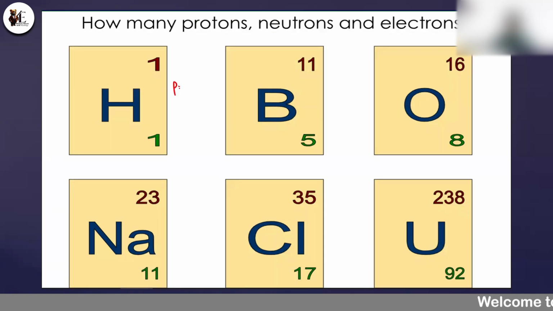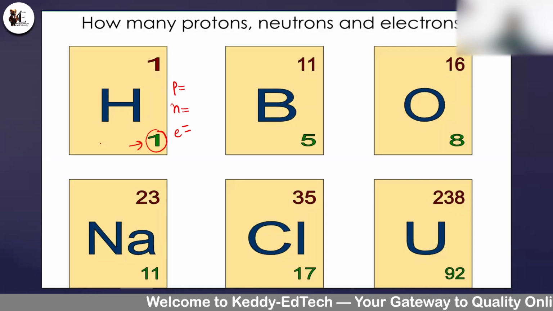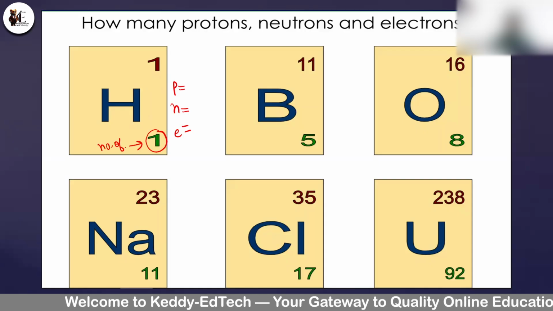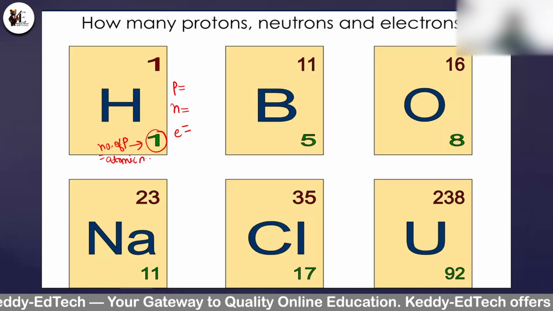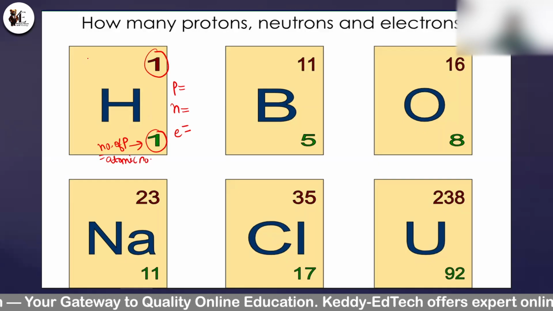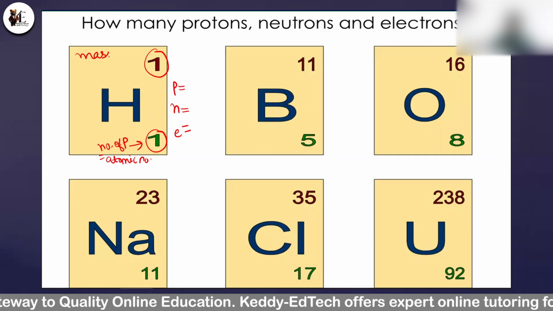So the first one: protons, neutrons, electrons in hydrogen. This lower number represents the number of protons, which is also equal to the atomic number. And this upper number represents the mass number.